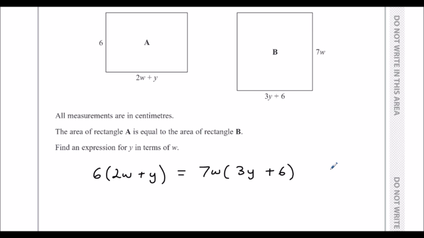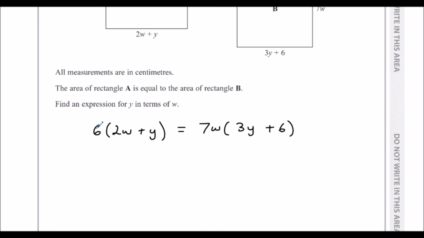We want Y by itself, so we want to make Y the subject of the formula now. So let's expand the brackets and get all the Y's over to the same side. So 6 times 2W will be 12W, and 6 times Y is just 6Y. 7W times 3Y, 7 3s are 21, and then we've got times W times Y. 7 6s are 42, and it's 7W times 6, so it's 42W.